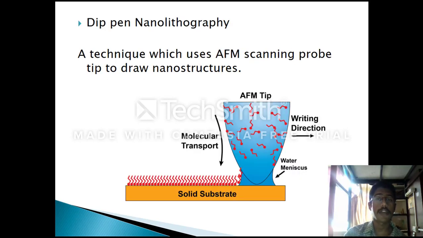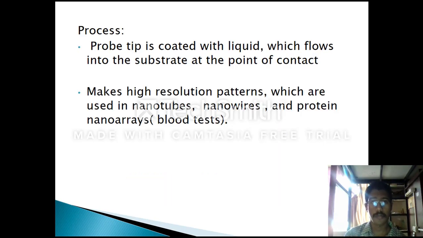The only thing is that we specifically use a liquid for our required application. The process that takes place in nanolithography is that the liquid comes in contact with the surface. It starts flowing only at the point of contact, and this takes place mainly in the tapping mode, and the high resolution patterns are created.